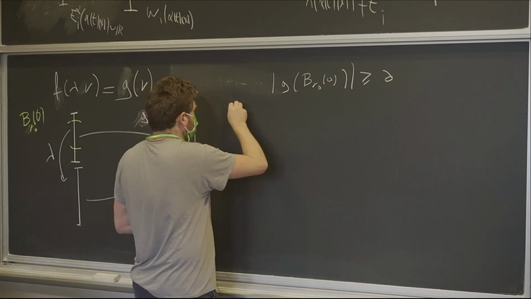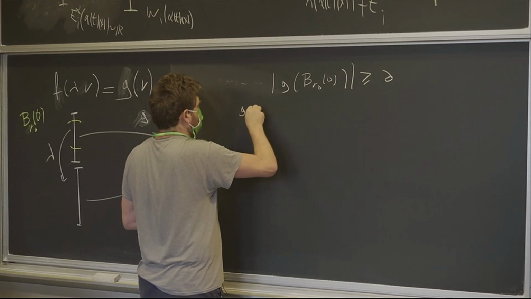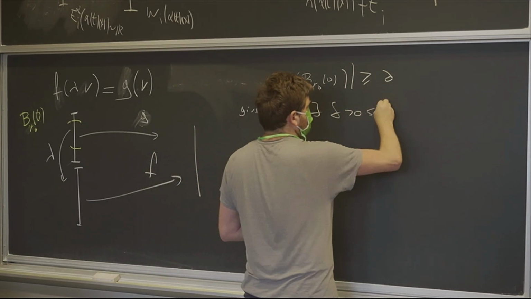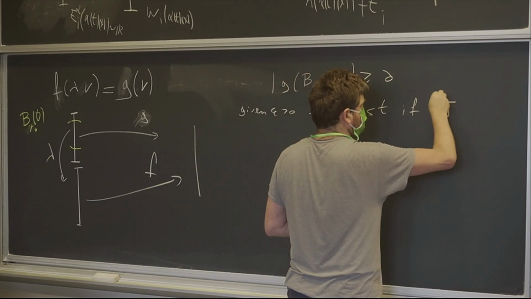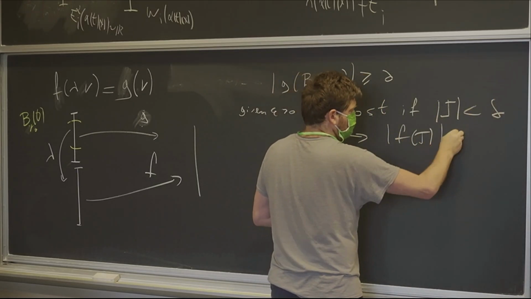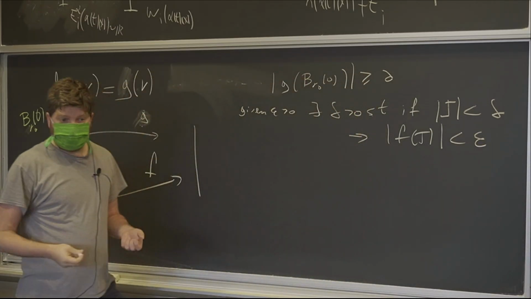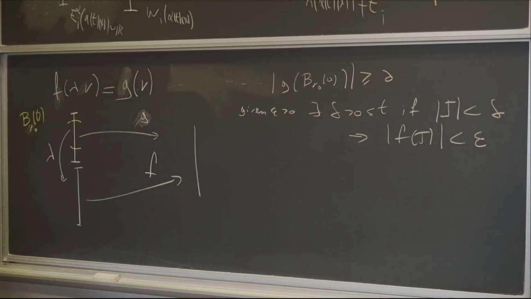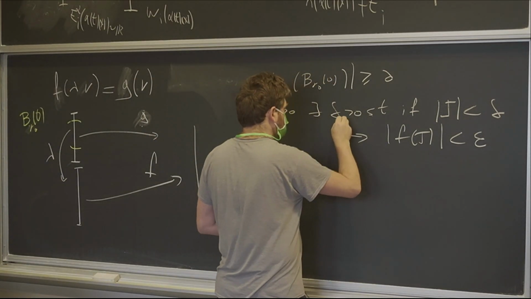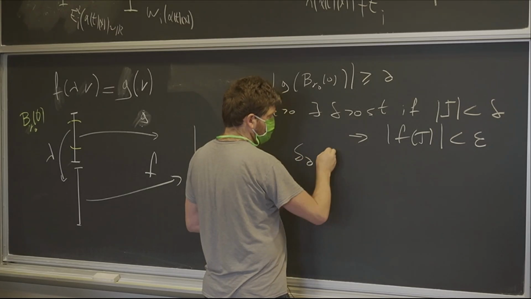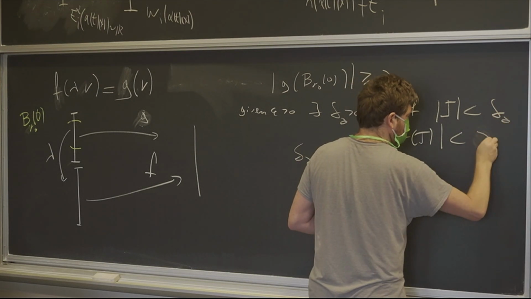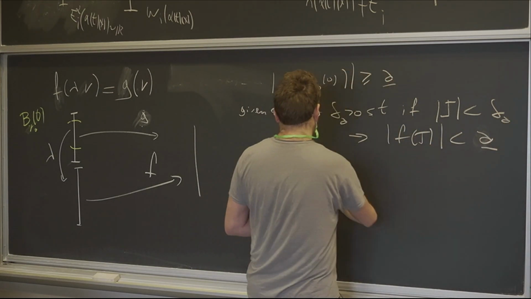Now I know that given epsilon positive, there exists a delta positive such that if the length of an interval is smaller than delta, then the length of F of the interval is smaller than epsilon. Now we take delta_A with respect to here, the same A.